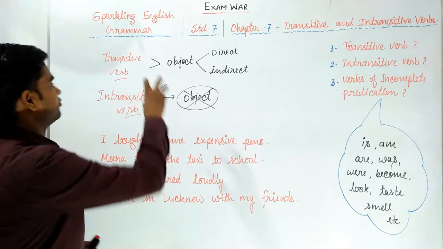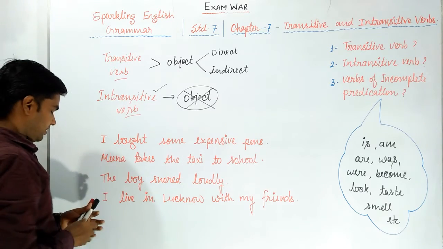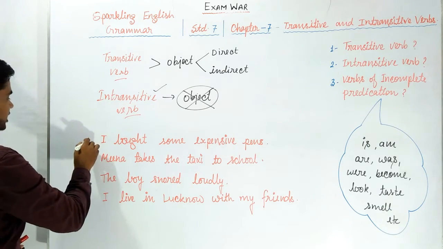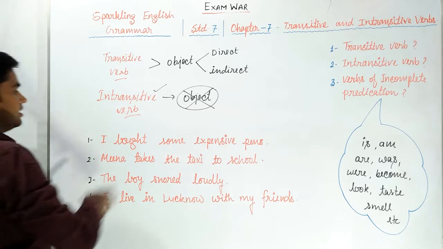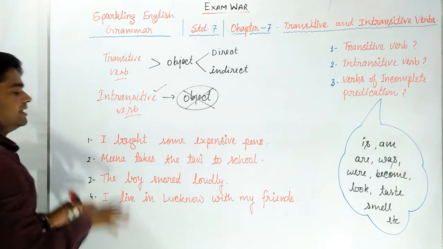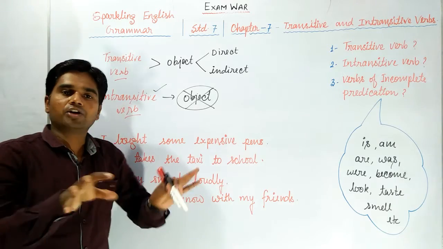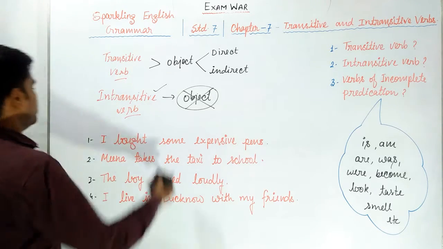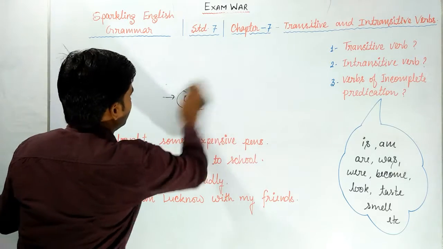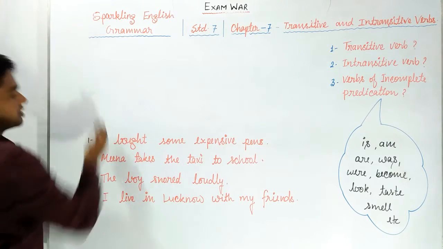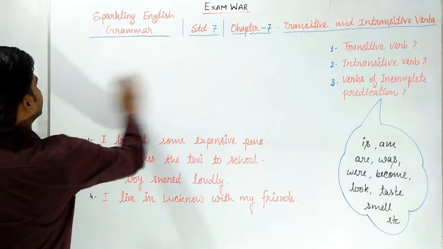Let's apply this formula on these examples. I have taken 4 examples. Let's check whether the verbs in these sentences are transitive or intransitive. If any object is given, then the verb is transitive. If not, then the verb is intransitive.